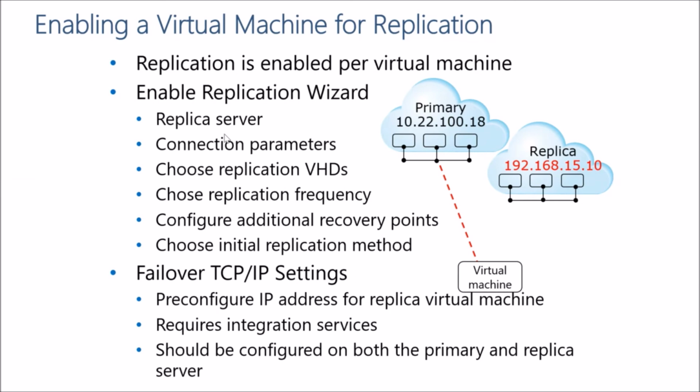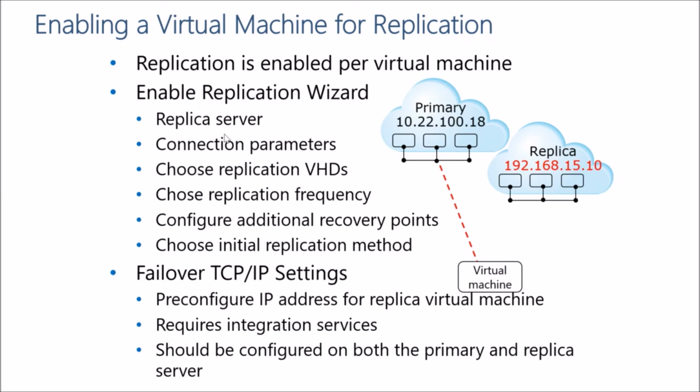Then we plug it into the second site and seed the replication from that external hard drive. You can imagine that would possibly be a lot faster if you had to replicate 10 virtual machines, each with 100 gigs of data, over a slow WAN link. So it might take you 30 minutes to drive there, but the overall time might be faster. There's also some failover settings.